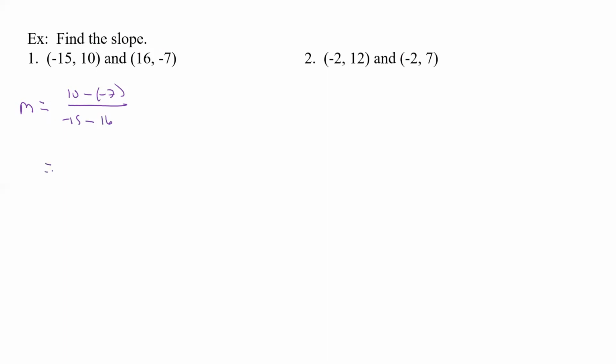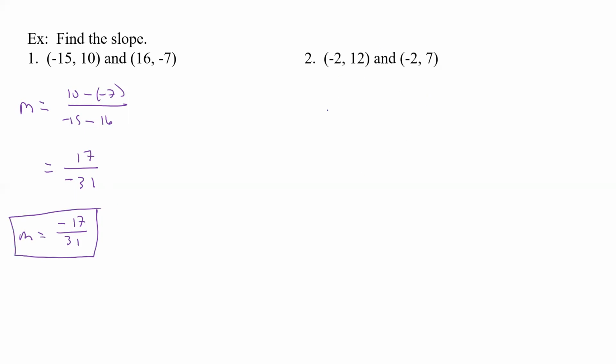All right, so now we simplify. 10 minus a minus 7 is 10 plus 7, so that's going to be 17. We have minus 15 minus 16. That's going to be a minus, and that's going to be 31. Okay. And so we get negative 17 over 31 if we want to write it with the negative on the top. And so that would be our slope.